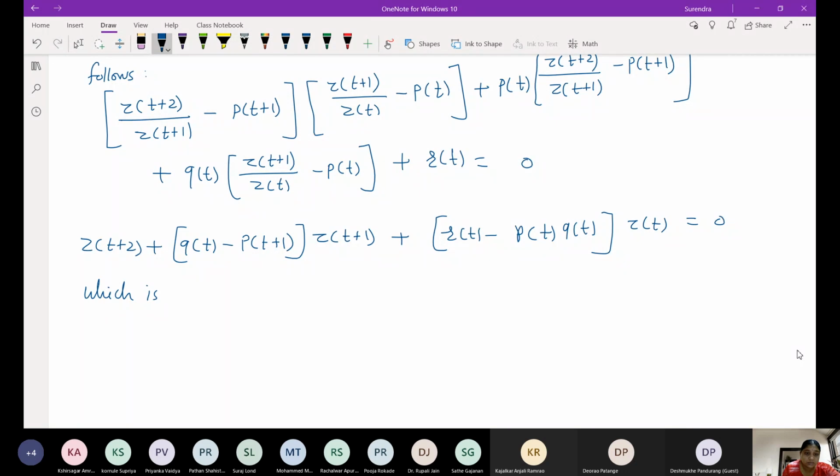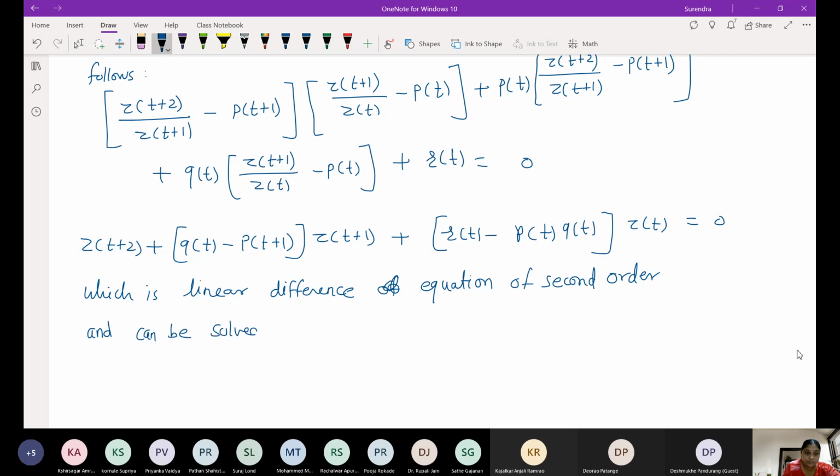Which is linear difference equation of second order and can be solved by previous methods.